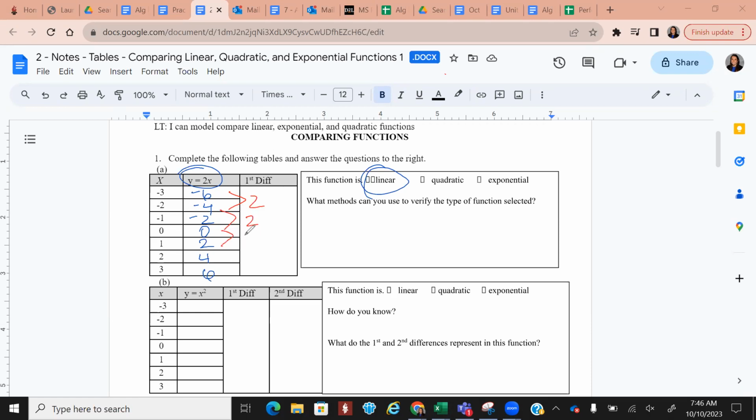And that number is going to be repeated all the way down. So the first difference is 2. So the methods we can use to verify it is if the first difference is the same, or we can look at the equation and see that we have this in this y equals mx plus b form.